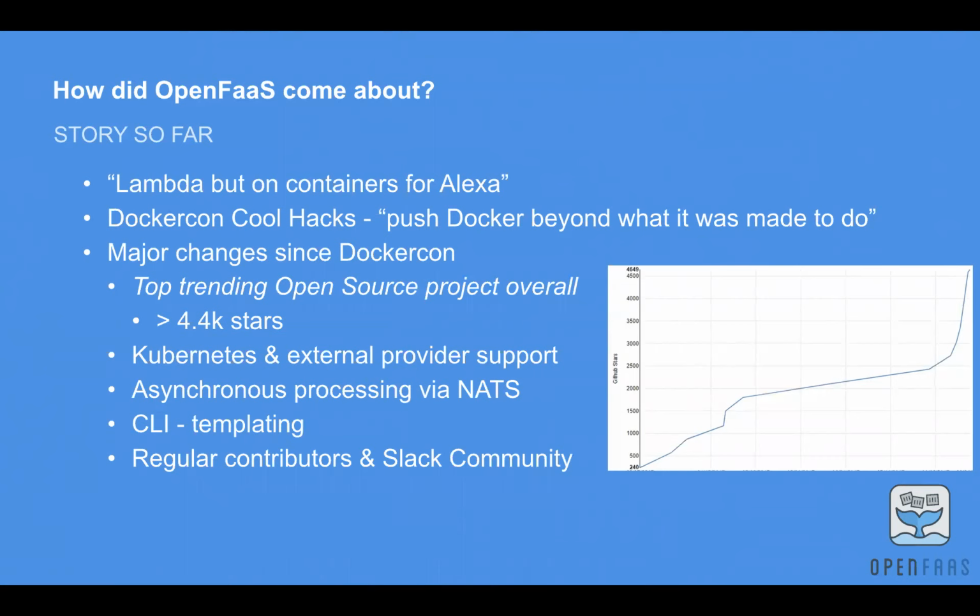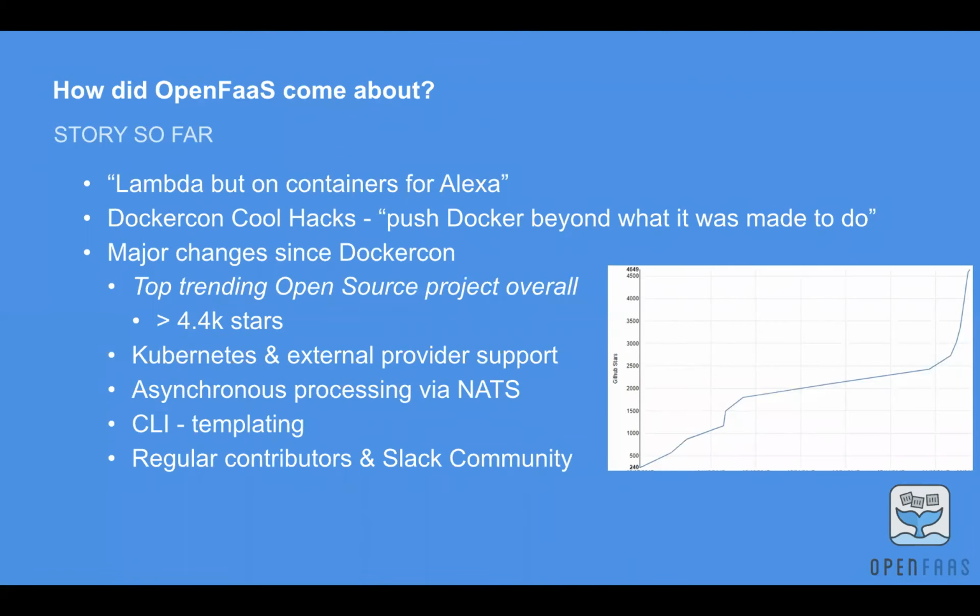I won as one of the contest winners and was able to present in front of 5,000 people. And Amir helped me along the way with that, so I'm very appreciative. Now, there have been some major changes since DockerCon. This was actually last week the top trending open source project on GitHub overall, which was incredible. And then it's also spent several days up as the top Golang project.